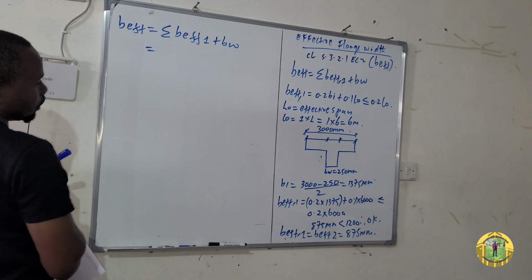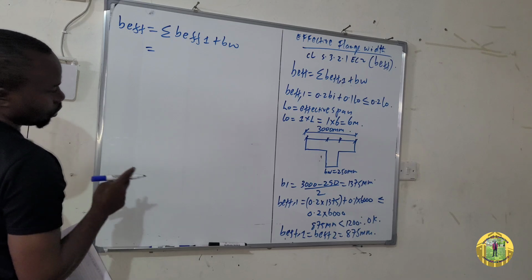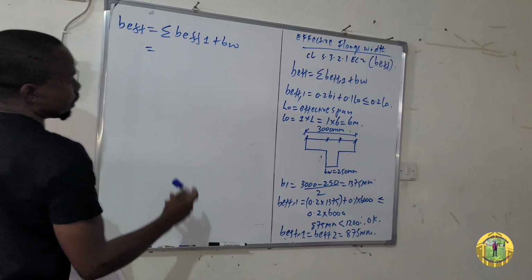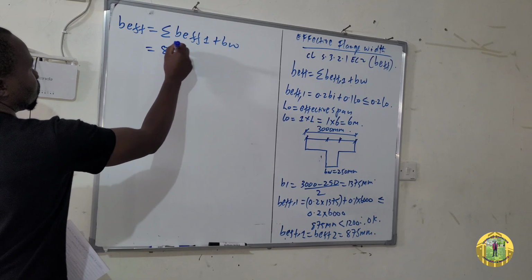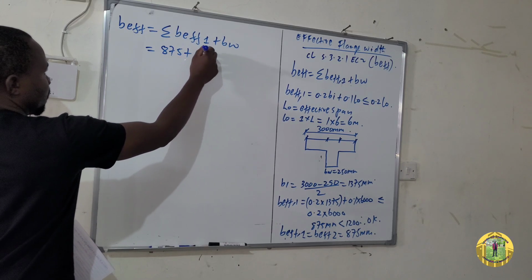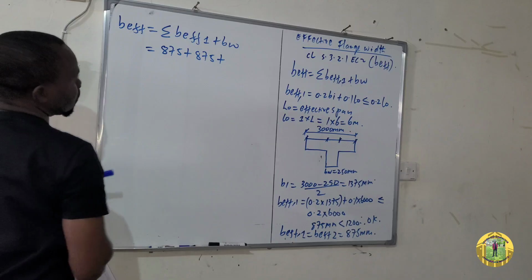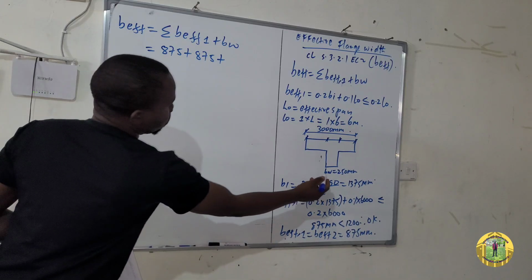So the summation means BEFF1 and BEFF2, which is equal to 875 plus 875 plus BW, which is 250.